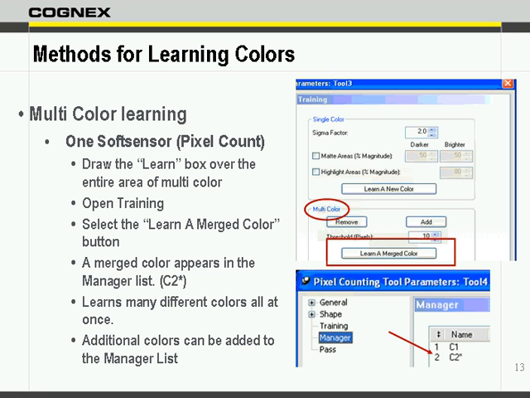Now, on the other hand, we need to make sure that throughout all the images that we're trying to inspect in this application, we have pretty much the same color values for our part. If we anticipate our part to sometimes get a little darker, sometimes a little lighter, and we did not learn those exact values, we have two options.